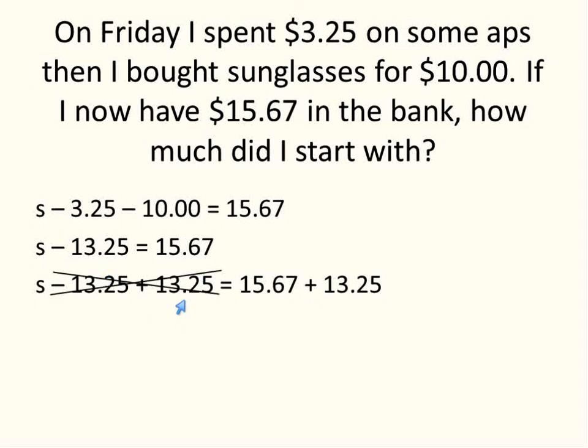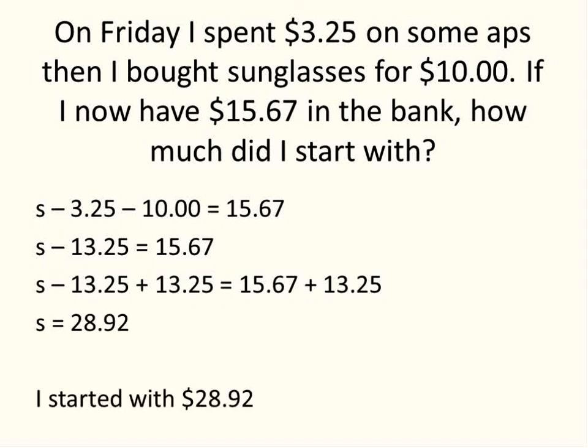Negative 13.25, positive 13.25, they cancel out, and that's how we get left with just S on the left side. But to keep the equation balanced, if we added 13.25 over here, we also had to add 13.25 over there. We do that, and we end up with the amount that I started with in the bank account was $28.92.